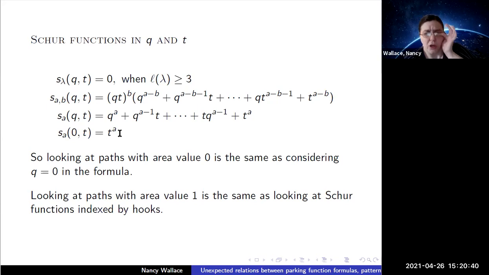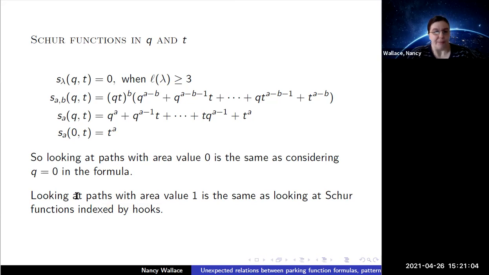So looking at paths with area value 0 is the same as considering q equals 0. And it's also the leading polynomial in the Schur function. So if you know the leading polynomial, you'll have the decomposition.